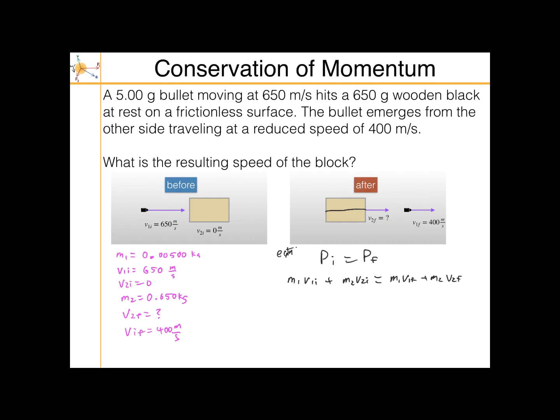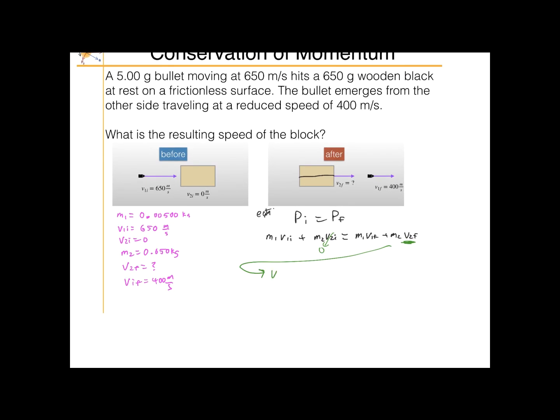We are trying to solve for the final speed of the block, V2 final. You can try this on your own; you can show that it is equal to M1 over M2 times V1 initial minus V1 final.